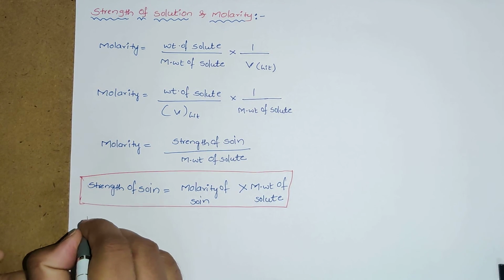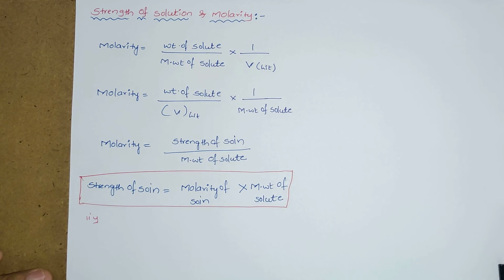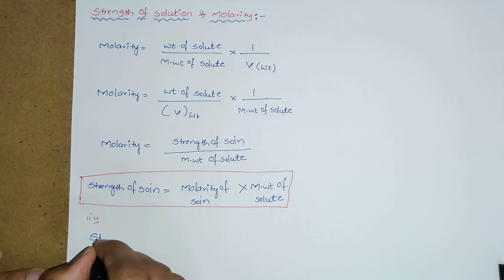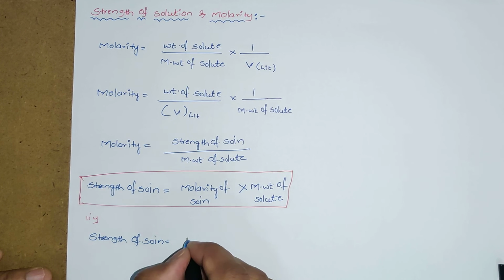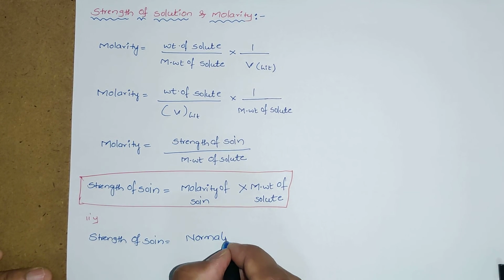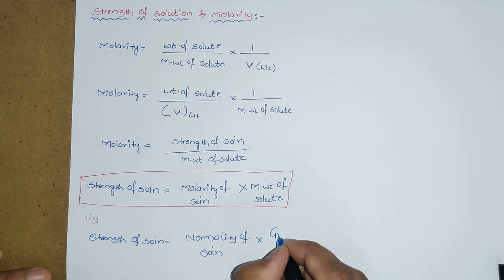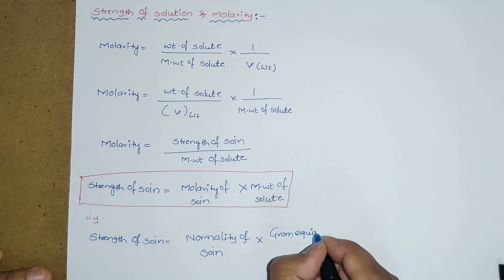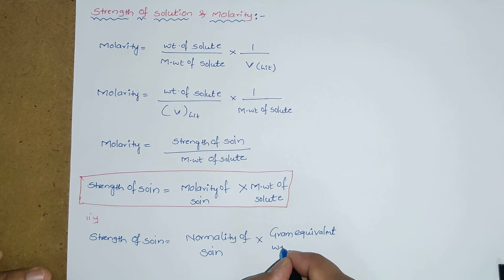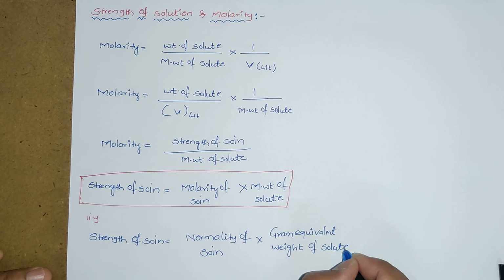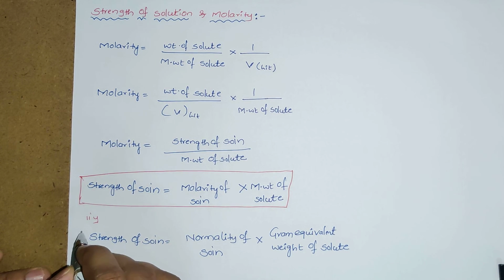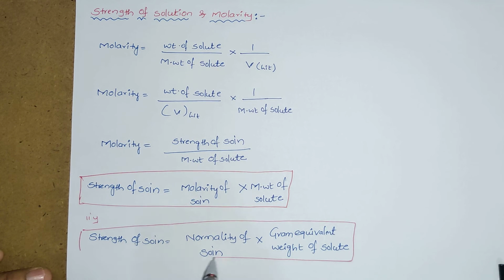Similarly, we may also write for normality: strength of solution is equal to normality of solution into gram equivalent weight of solute. This is another important relation between strength of solution and normality.